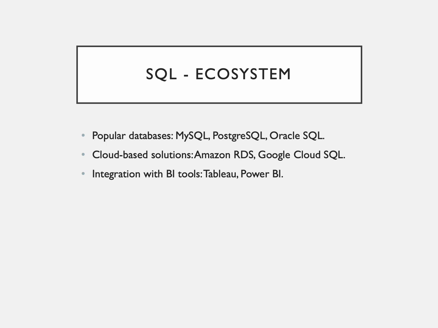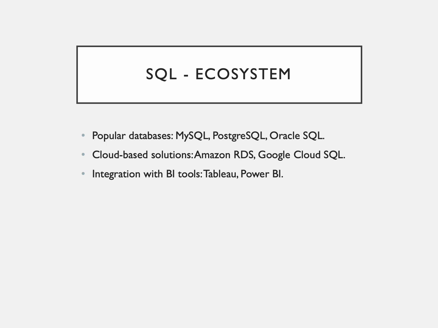Then PostgreSQL, which is a powerful open source relational database management system with advanced features like support for JSON and geospatial data. It's a go-to choice for developers building complex applications requiring scalability and custom functionalities.